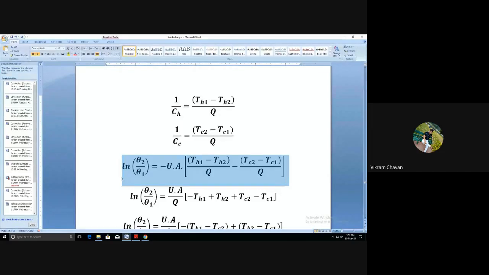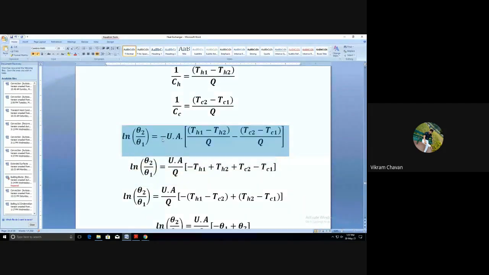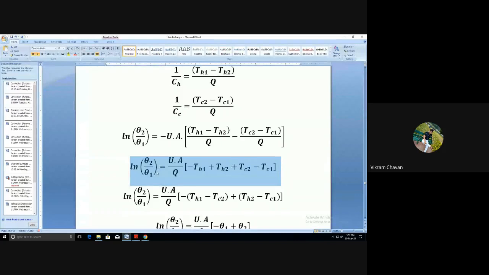Now from this bracket, if you take minus 1/Q common, since the initial minus sign is there, the minus and minus will become a plus. You will get ln of theta 2 divided by theta 1 equal to U multiplied by A divided by Q, plus, and as you are taking the minus sign common, the signs inside the bracket get changed.